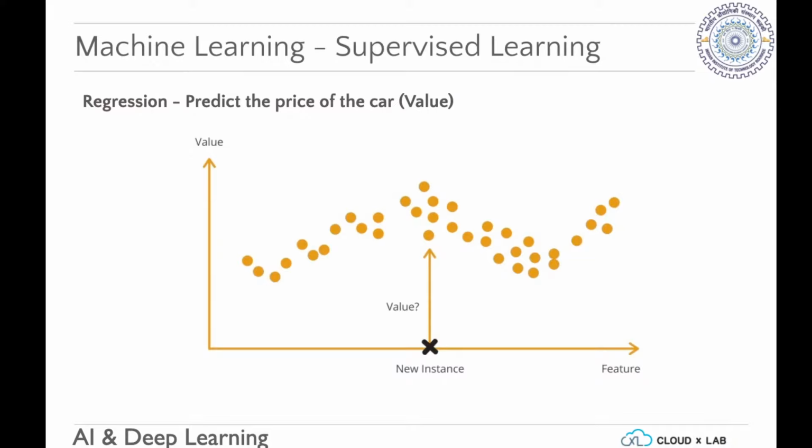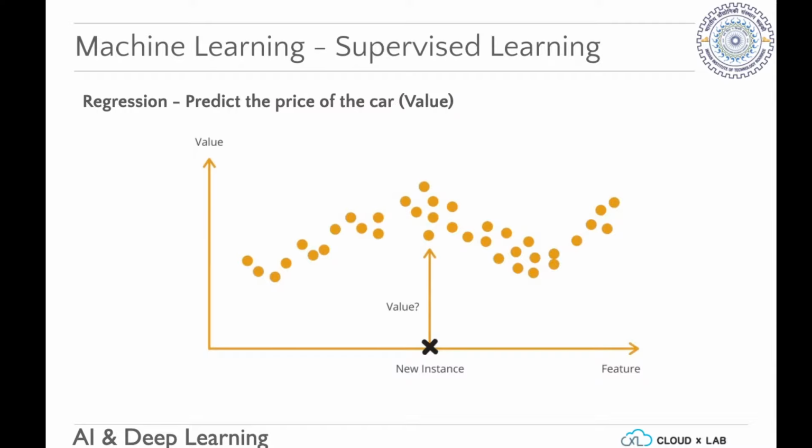The way that happens is that you would have a lot of historical data saying this car was of this type, it's this model, this year, it's driven so much, it's of type gas or diesel, etc., and the price is so much. If you have a large data set with all that information, you can make a model.